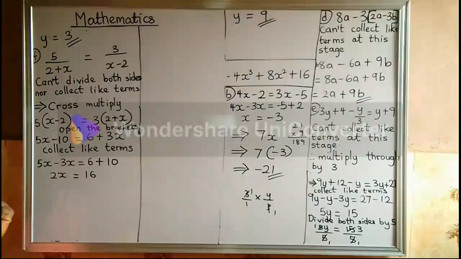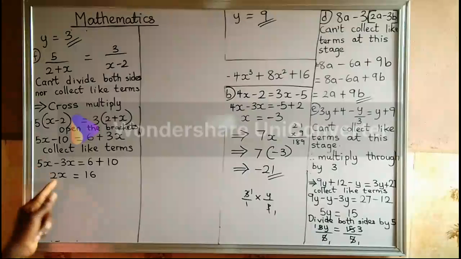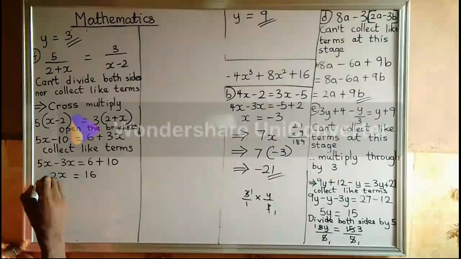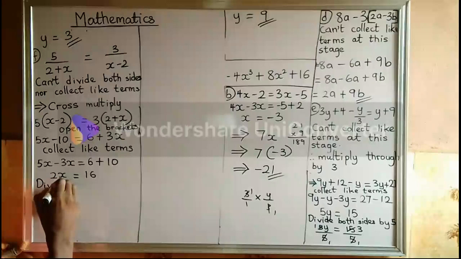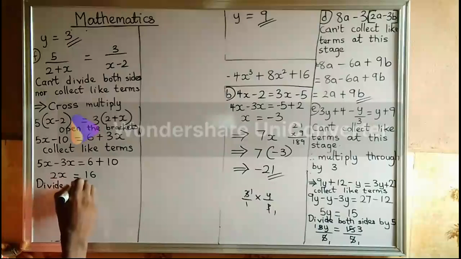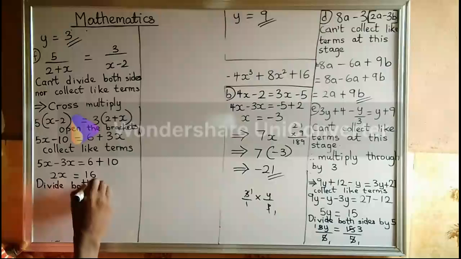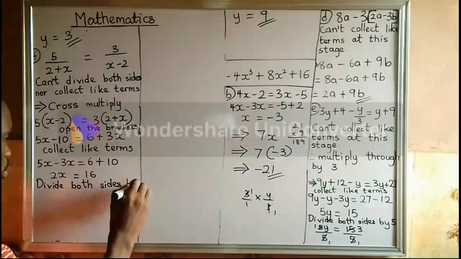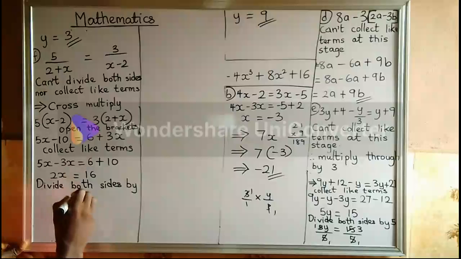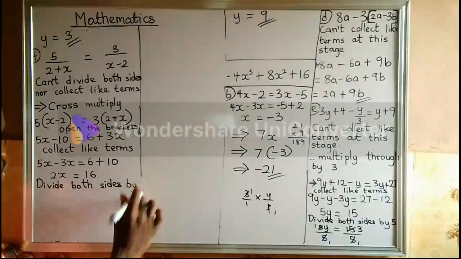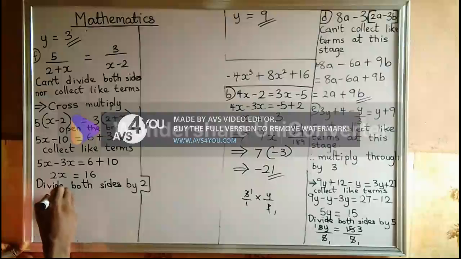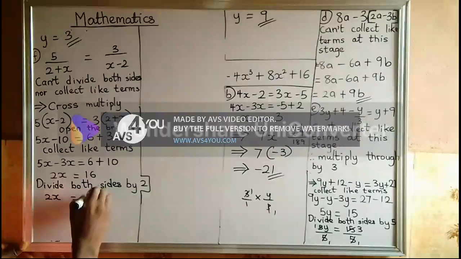And the second rule is you divide both sides by the coefficient of the variable you are looking for. So you divide both sides by what? The coefficient of x, which is 2. So on the first side we have 2x, and on this other side we have 16.